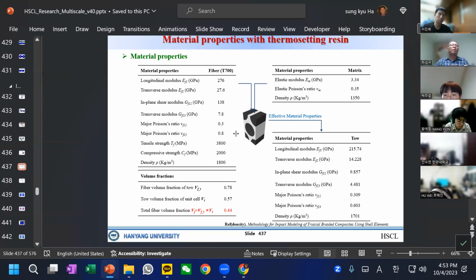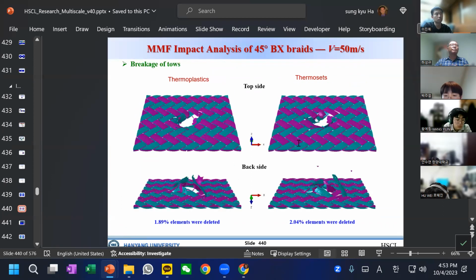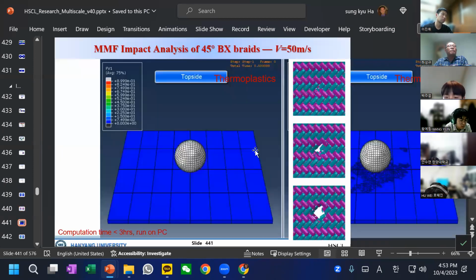So all the mechanical properties of the fiber, resin system, and fiber volume fraction, depending on thermoplastic and thermoset, the penetrations with different velocities can be simulated. I'm not just trying to emphasize the simulation, but we as designers need to be able to visualize thermoset and thermoplastic, top and bottom.